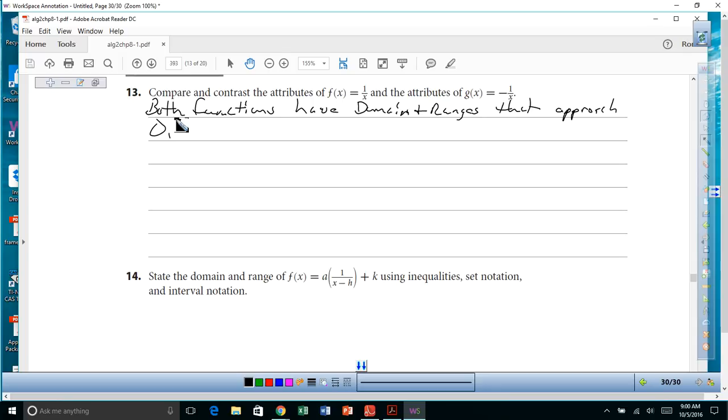They both have x and y asymptotes, the x and y axes asymptotes.